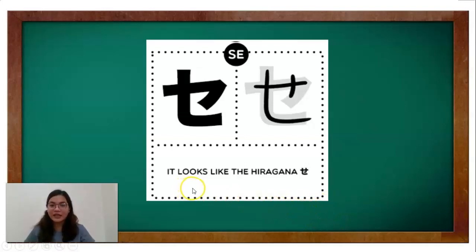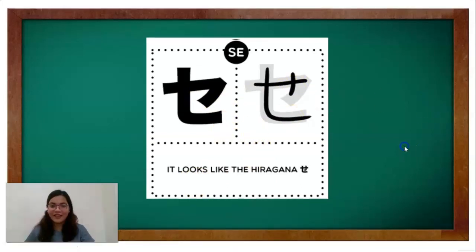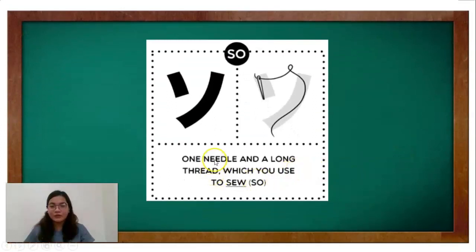It looks like the hiragana se. Okay, next, so. One needle and a long thread which you use to sew. So so as in sew.